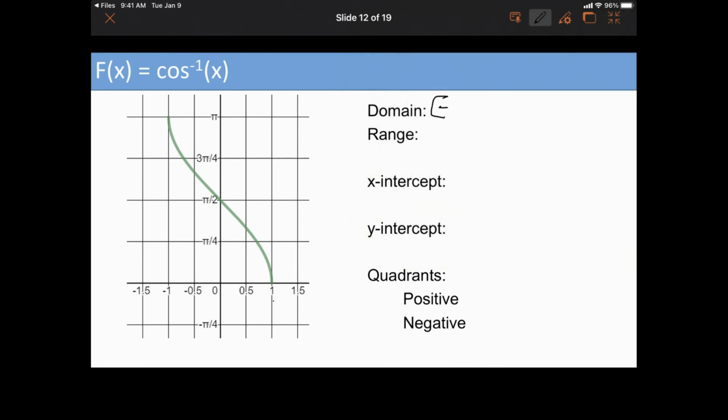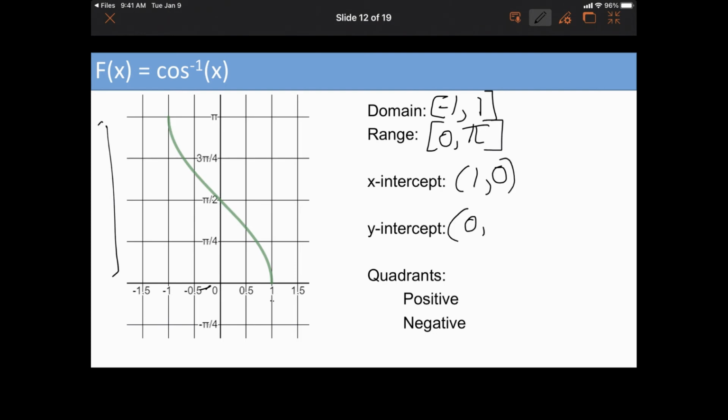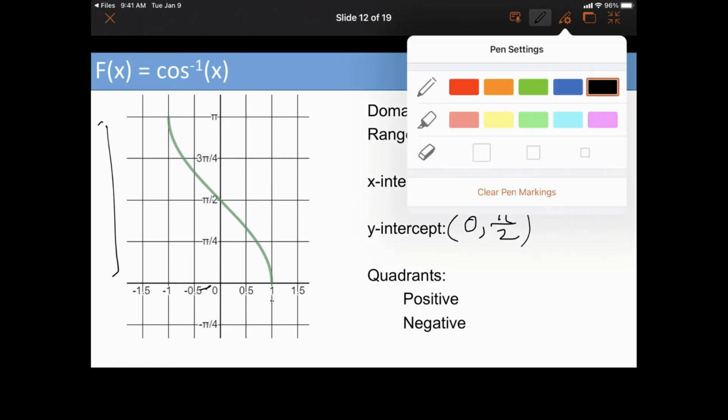Smaller number always first, left to right. Range, we're going from 0 to pi, inclusive. The x-intercept is 1, 0. The y-intercept is 0, pi over 2. All right, so for cosine, our range is 0 to pi.